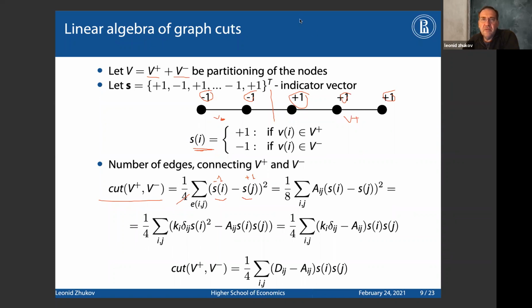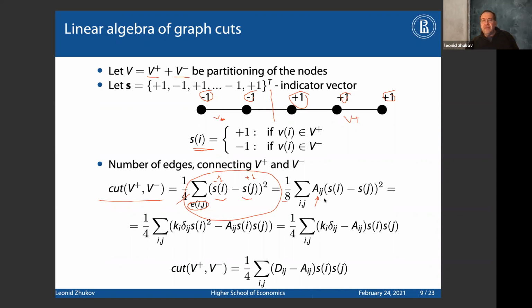So this sum is calculating the cut. It calculates how many edges cross the cut. Here I sum over all the edges crossing the cut. Instead of doing that, I can just put in the adjacency matrix. I need to divide by 2 to take into account the symmetry, since it's an undirected graph.